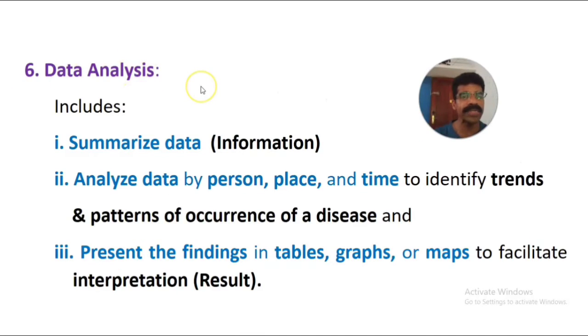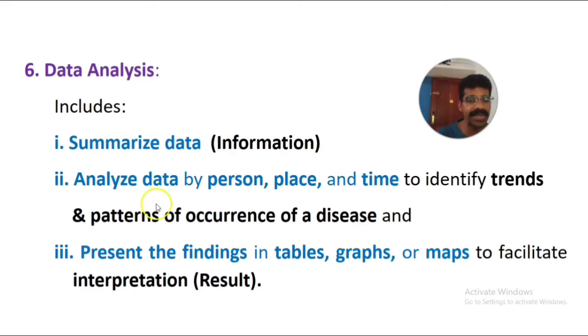The sixth step is data analysis. After collecting the raw data, we have to analyze it to make specific information for the particular study. Data analysis includes summarization of the data. That is, raw data will be analyzed to make specific information about the particular problem in a particular area, to describe the health problem or disease.